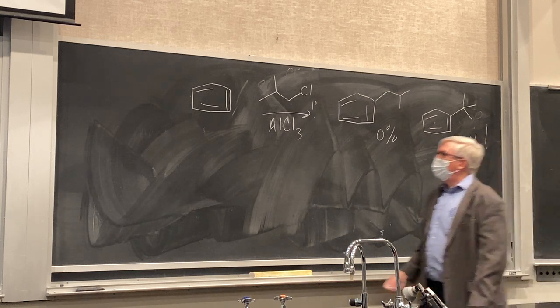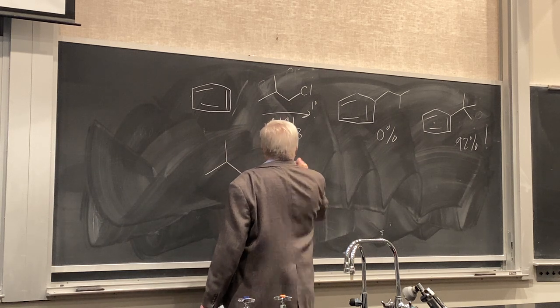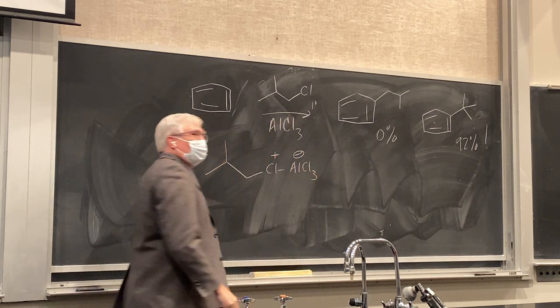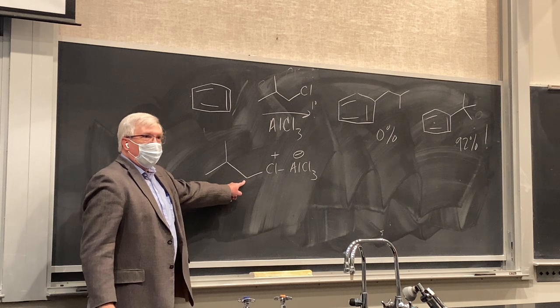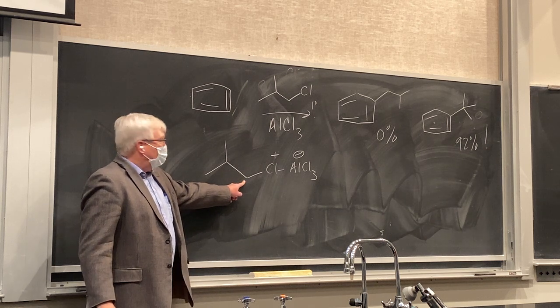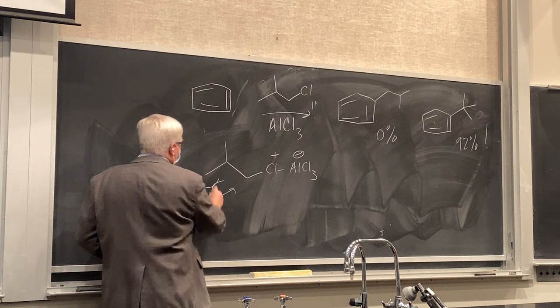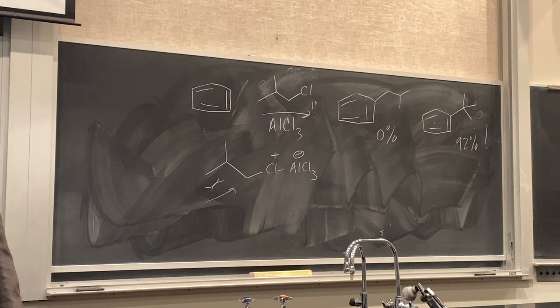Why? Well, let's examine the intermediate. Chloride complexes to aluminum. Normally we would think, well, we just attack right here, right? Now this is a little slower because our nucleophile would have to attack past that isopropyl group on the end.